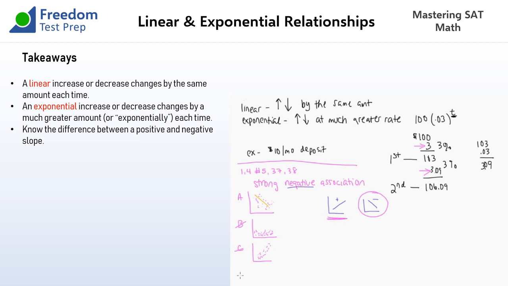So we can get rid of C. And D is, well, it's definitely looking negative. Now the question is, is it more negative? Because we want a strong negative association. I think D looks stronger than A. A is a little bit more circular, and D has a stronger relationship. D is going to be the answer.